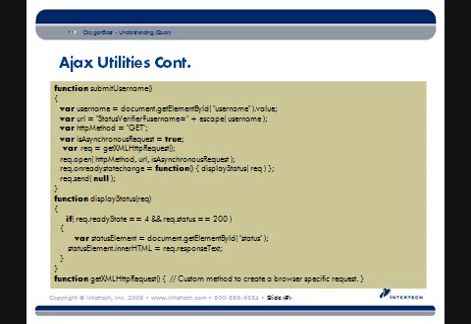I didn't bother to fill in the code there, but you can imagine that it's custom code to figure out what client browser is being used and what the appropriate XML HTTP request object is for that particular browser, maybe an ActiveX object if it's an older IE browser. But the point being that I need to do a little bit of branching in my code to be able to send this Ajax request for all the browsers I want to support.